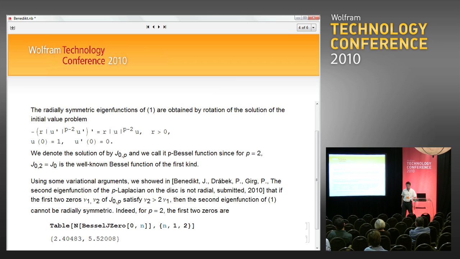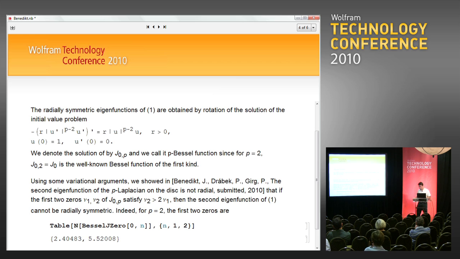And the solution of this initial value problem we call a p-Bessel function, and we denote it by J0p, because if you take p equal to 2, you get the classical Bessel J function. So it's a generalization of the Bessel function.